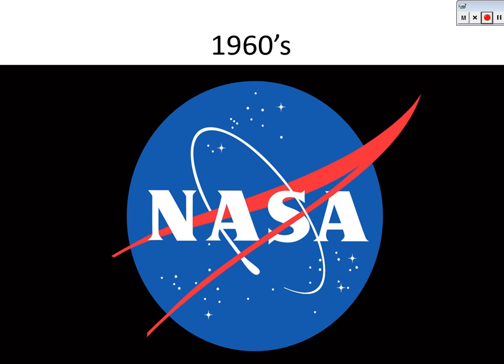So, pretty easy for you to remember. You got 3 astronauts that you need to know. 2 of which did missions in the 60s. John Glenn orbits the Earth in 1962, and Neil Armstrong walks on the moon in 1969. We also need to know Sally Ride. She becomes your first female astronaut, but that's after the 60s.